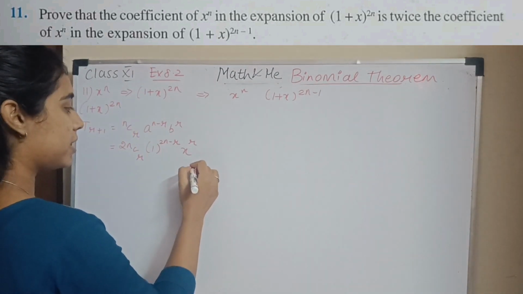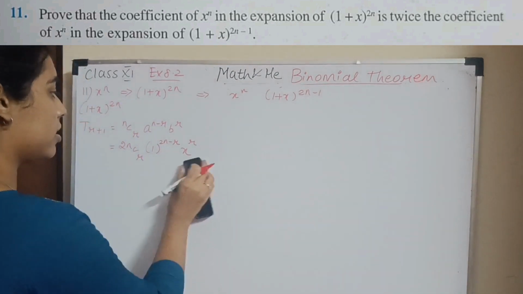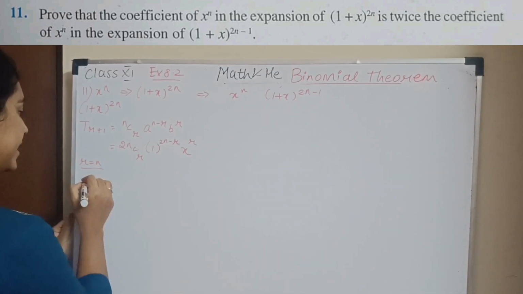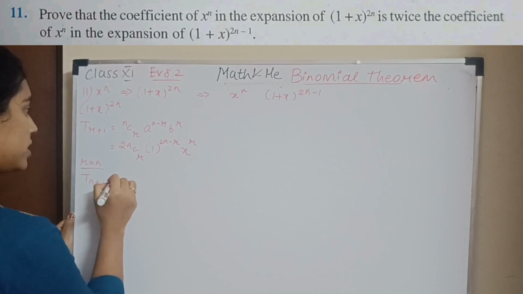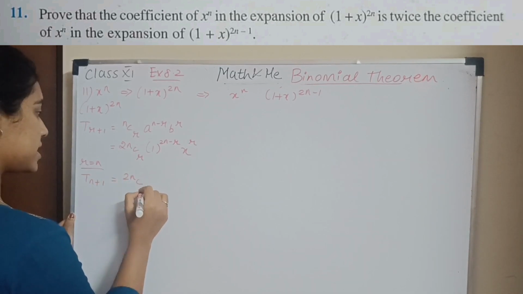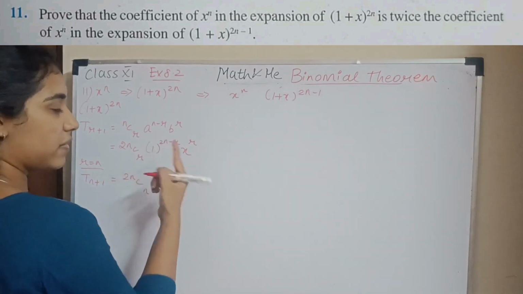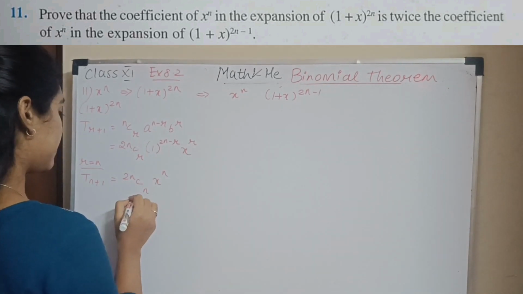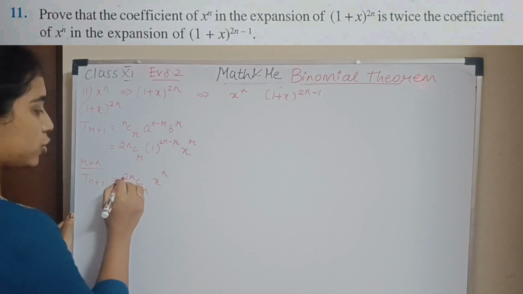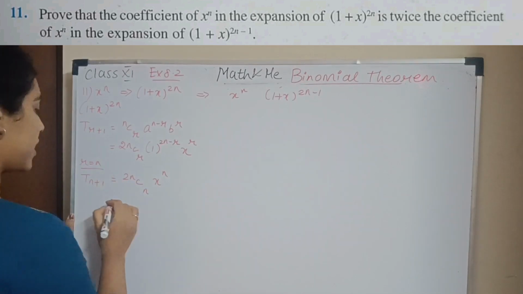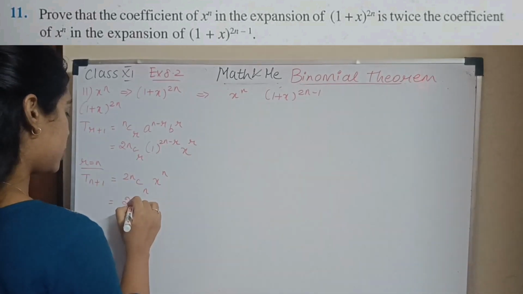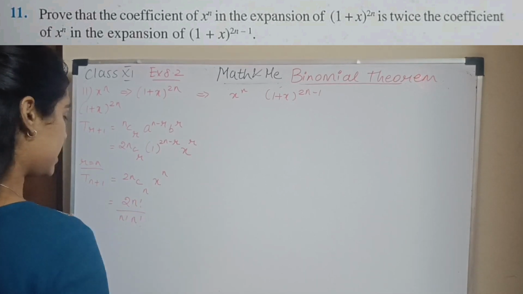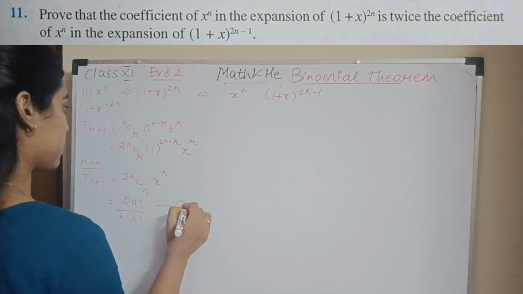When I compare, I need my r to be n. So when my r is n, I have T n plus 1 equals 2nCn. 1 to any power is 1 itself, times x to the n. So I have the coefficient of this to be 2nCn. So let me have it here. This becomes 2n factorial divided by n factorial times n factorial. Let this be equation number 1.